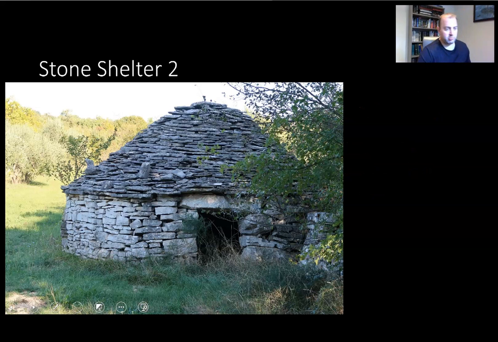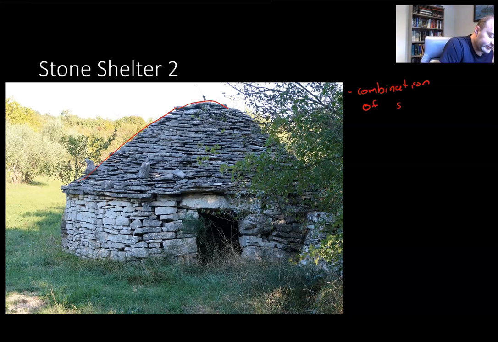Now, here's a more complete stone structure. It's a little difficult to tell, but this definitely looks sloped. That kind of looks domed. So maybe it's this combination of slope and dome. And again, the shelter itself seems to be made of smaller stones.